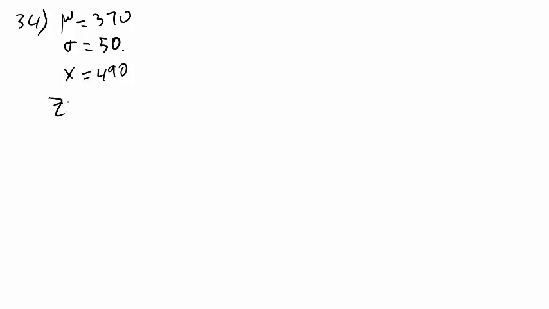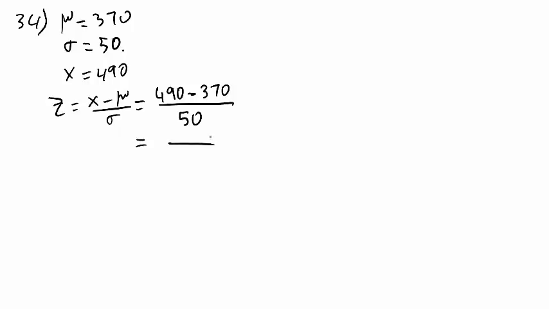The z-score will be x minus the mean divided by standard deviation, which is 490 minus 370 divided by 50, and that is equal to what, guys? It's 120 divided by 50, and that's 2.4.